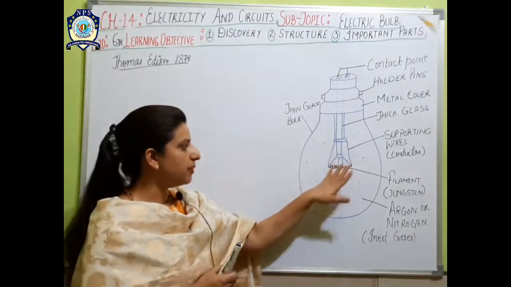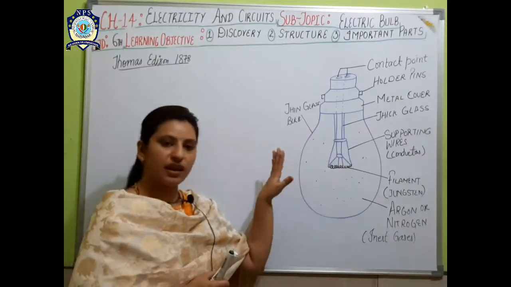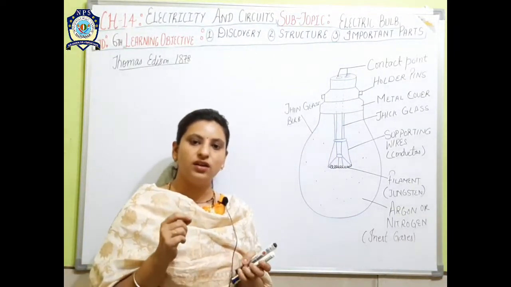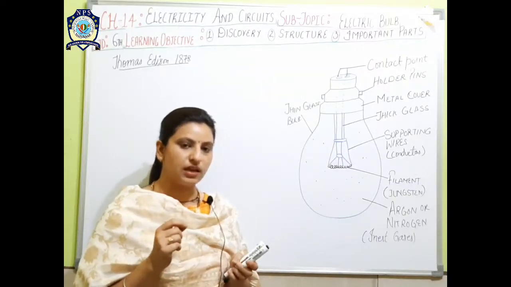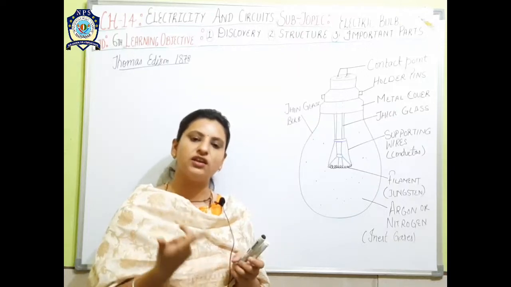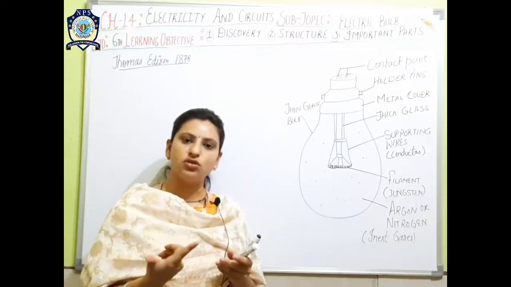So this is the basic structure and the labelled diagram of a typical bulb of ancient times, which we most commonly use in today's scenario also.